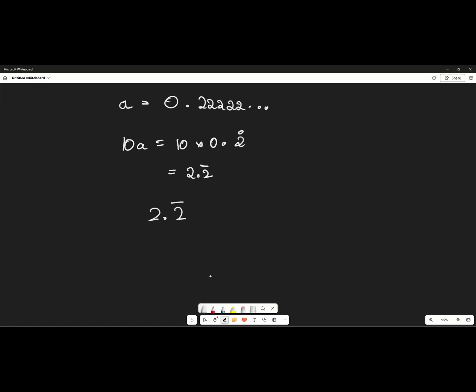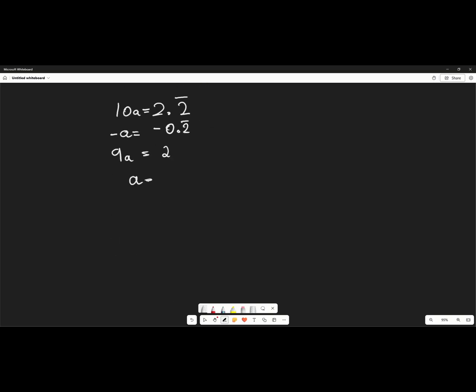So this is 10a. Now we're going to subtract a, or rather minus a is equal to minus 0.2 bar. So 10a minus a is 9a. 2.2 bar minus 0.2 bar is equal to 2.